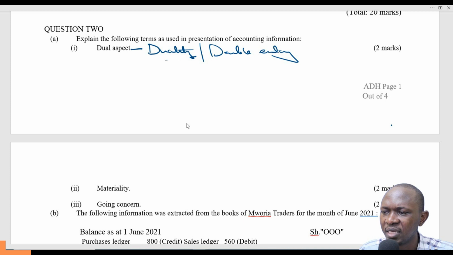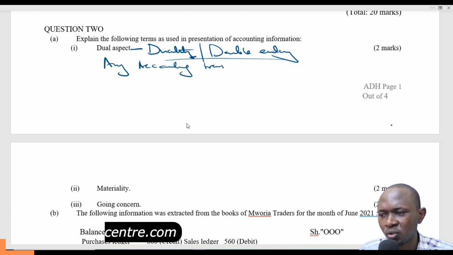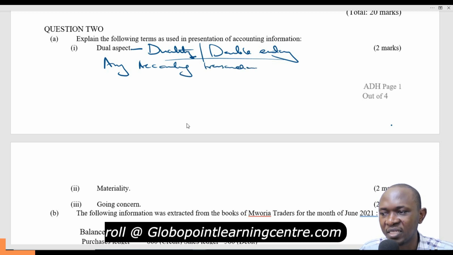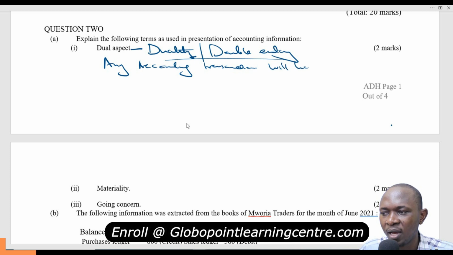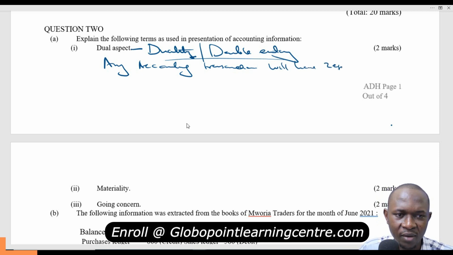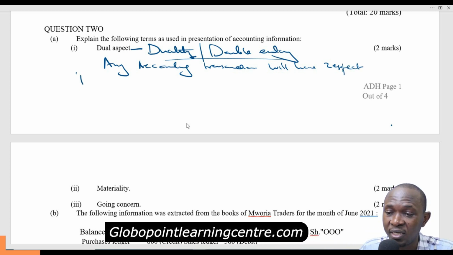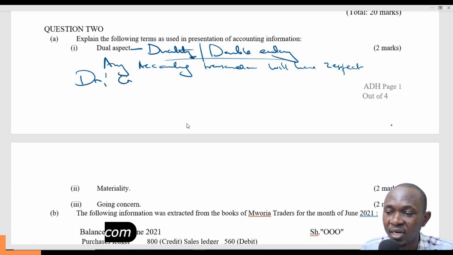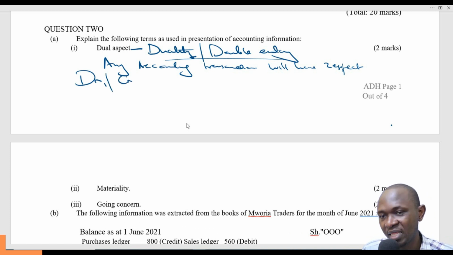It basically says that any accounting transaction will have two effects, which are going to be recorded as either debit or credit. So they affect either the debit side of the account or the credit side of the account.